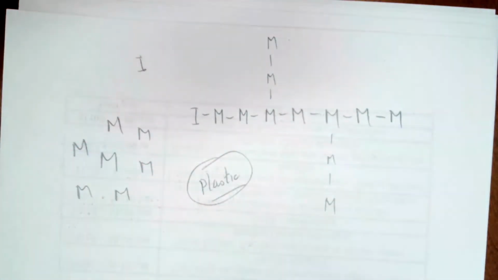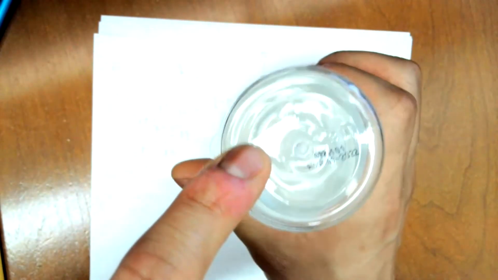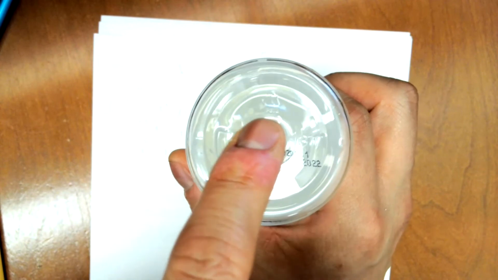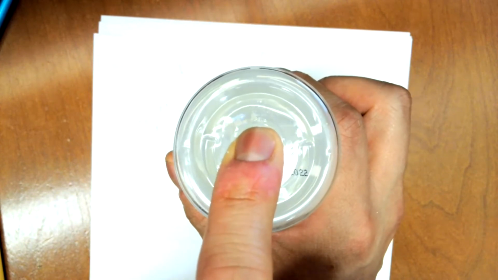Here, there is a symbol. There is a triangle. I don't know if you guys see this triangle. And there are some initials here, PETE. That should be polyethylene. Polyethylene means that ethylene is a monomer that is used in plastic. Polyethylene, of course, means like many of those.